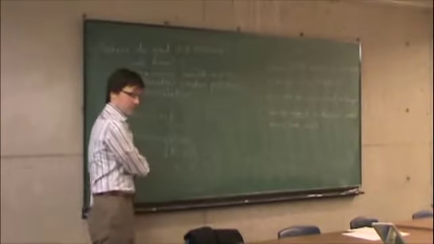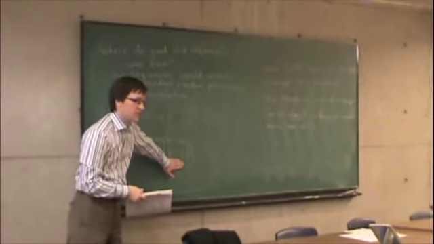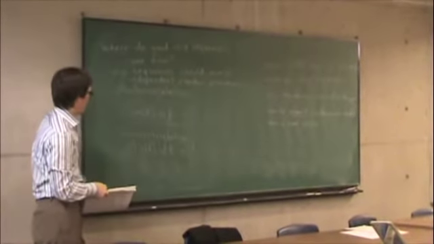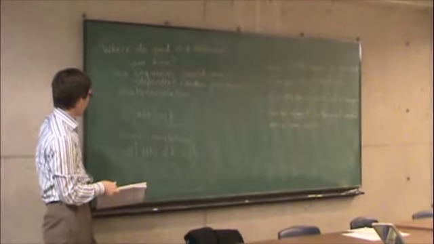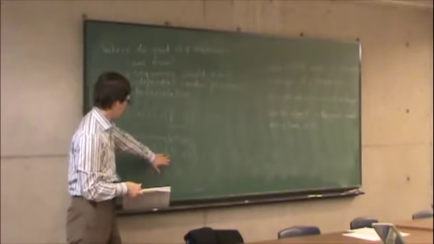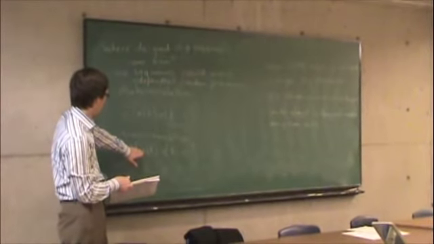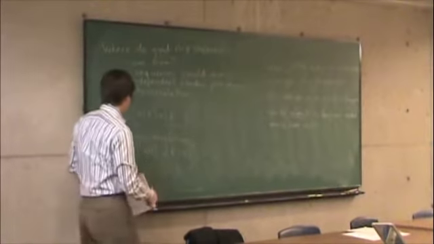Why? Because by multiplying all of these positions together, then we sum over k.